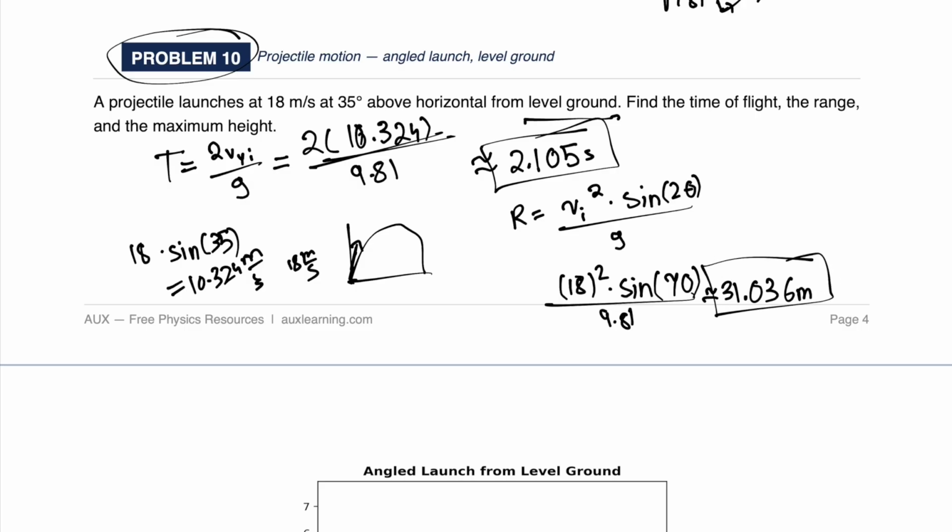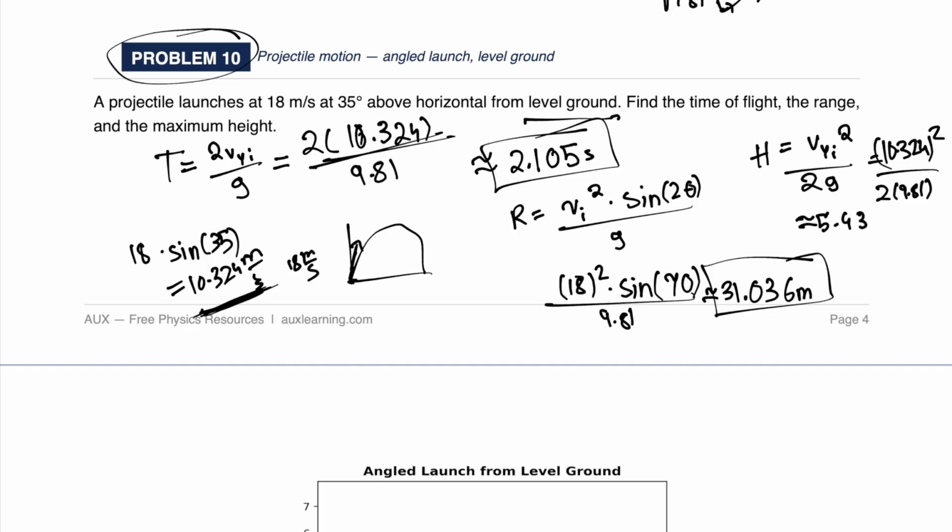The maximum height is given by velocity y initial squared over 2g. We know velocity y initial to be 10.324. So 10.324 squared divided by 2 times 9.81, which is going to be approximately 5.43 meters. This is our maximum height.